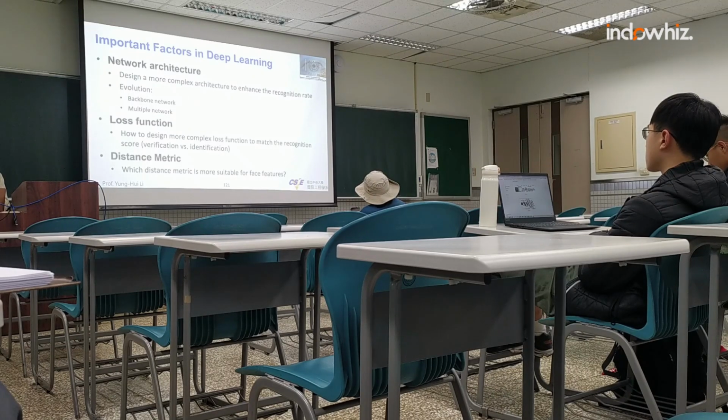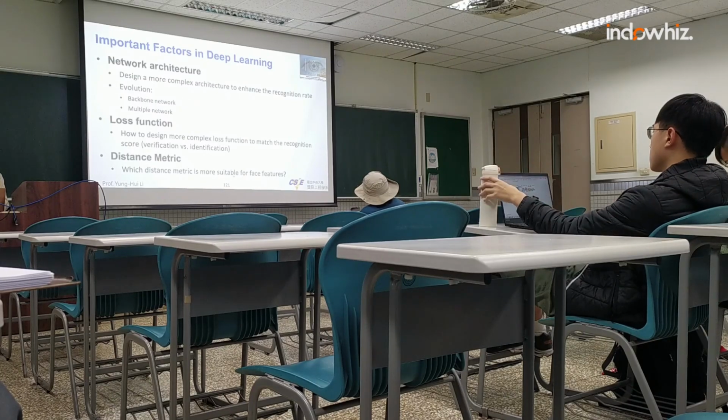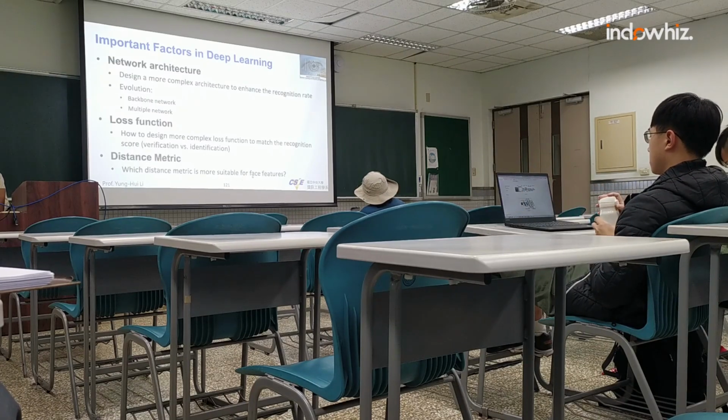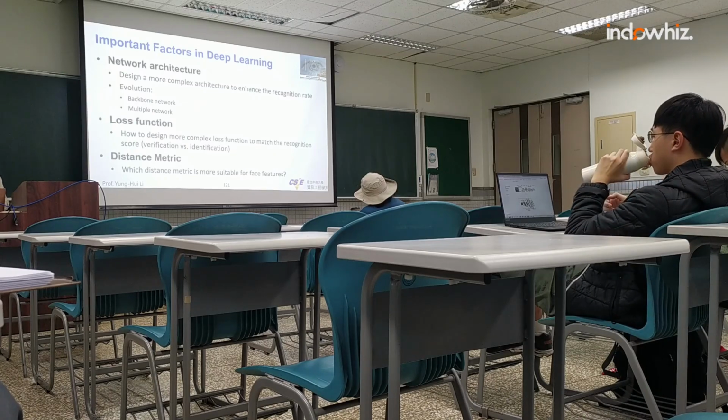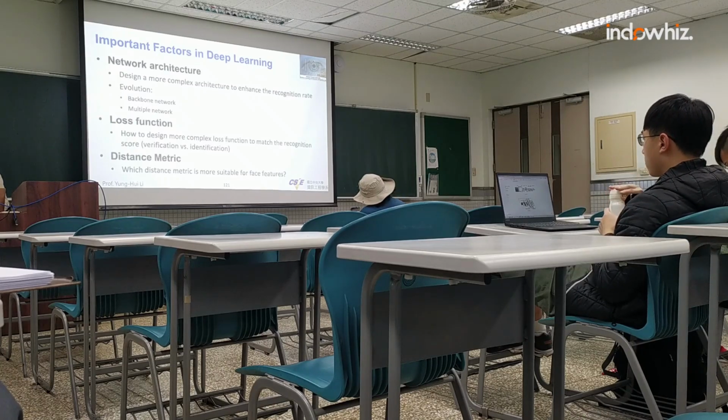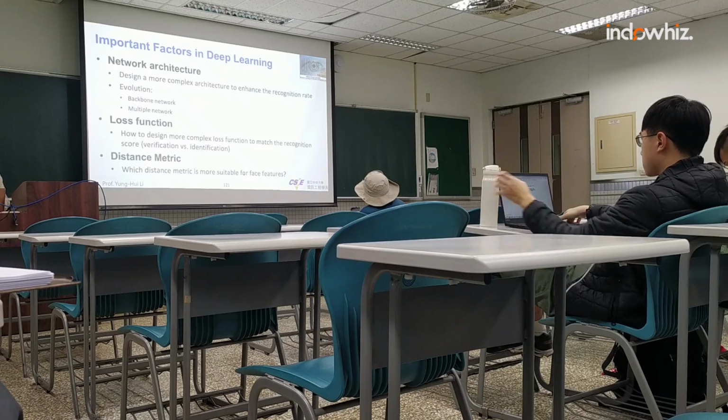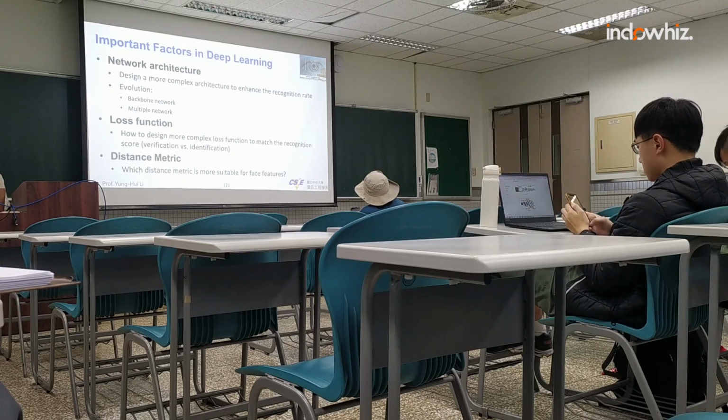And the third thing is distance matching. Which distance matching is more suitable for face features? Like we know, when we want to compare or compute the distance of two features, usually these features are vectors, right? And in general, we will think maybe we can use L2, which is Euclidean distance, to compute their distance.